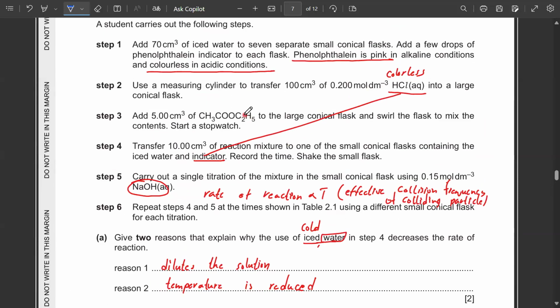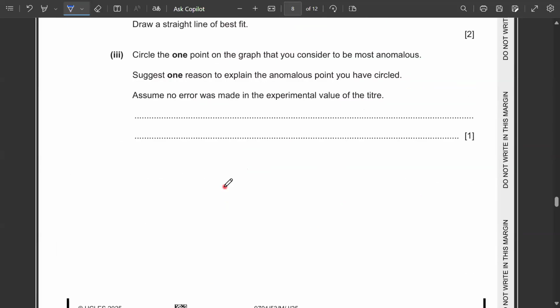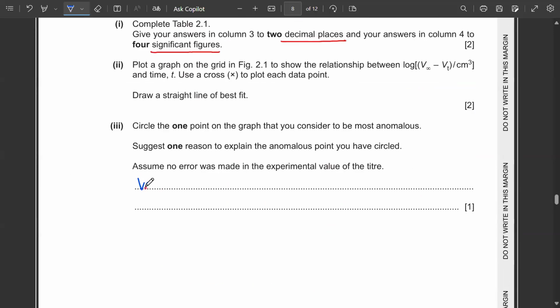So the titer volume is more than required. This is why we have the higher VT value.